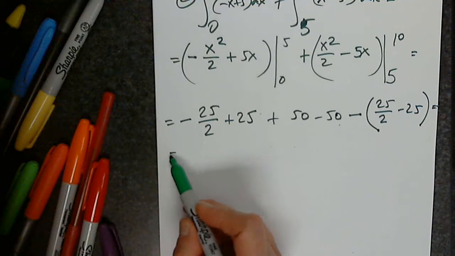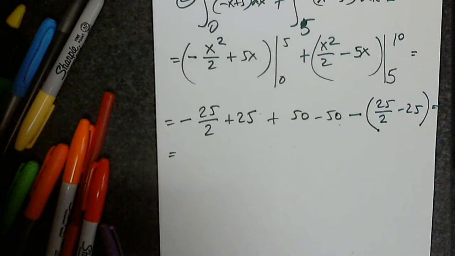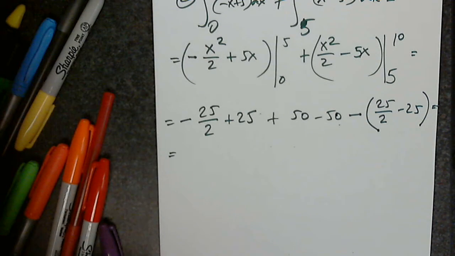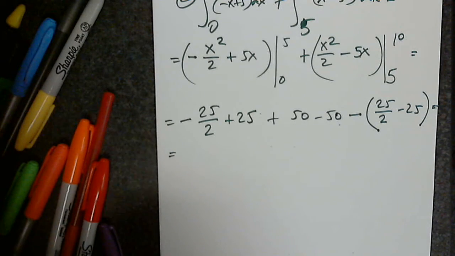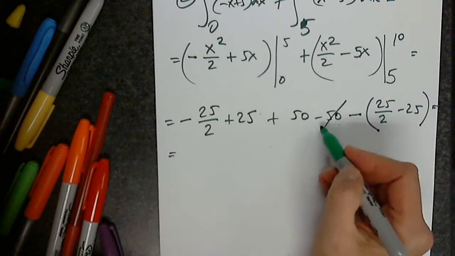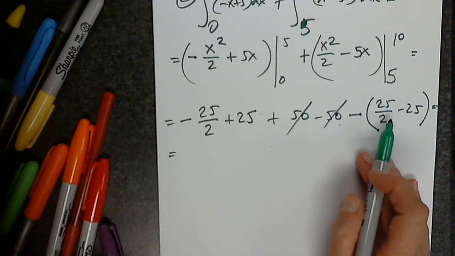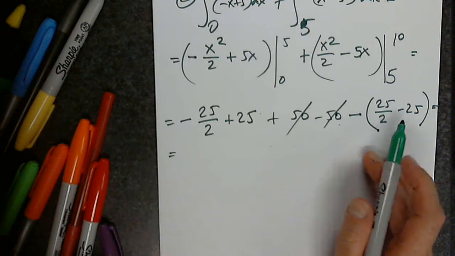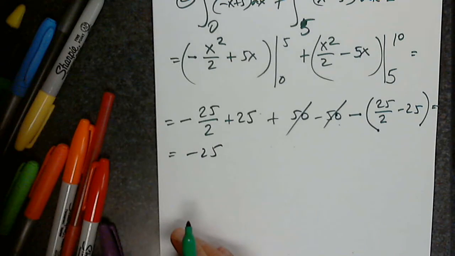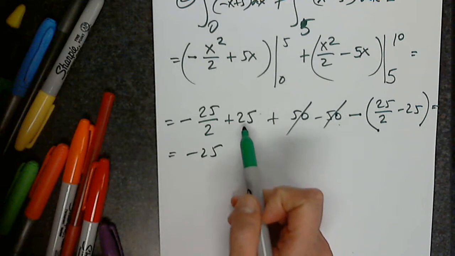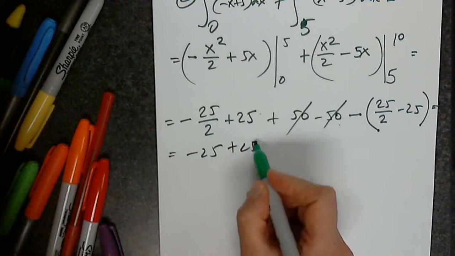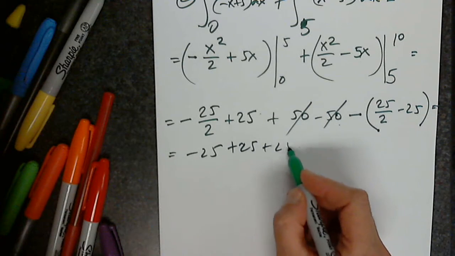Any questions so far? Okay. So, these two go away. Negative 25 over 2 minus 25 over 2 is minus 50 over 2, which is minus 25. And then 25 plus 25 and plus 25, yes.